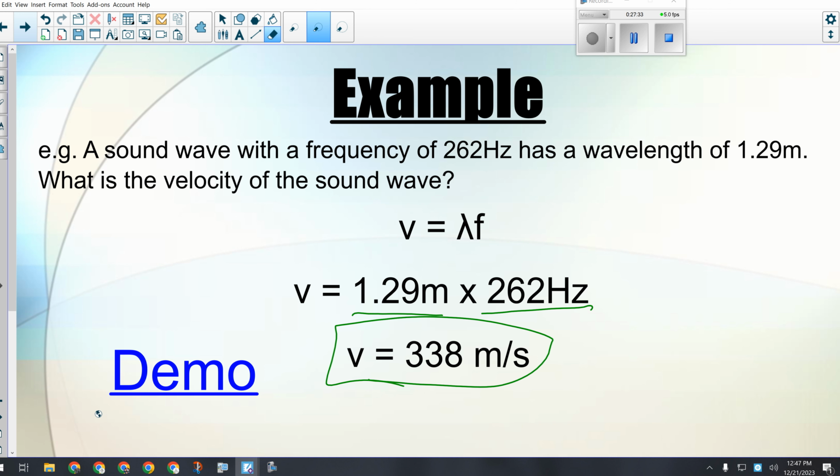Here's where the questions can get tricky. What if I tell you that you're observing some waves and 10 crests go by in 4 seconds, and the crests are, let's say, 3 meters apart?